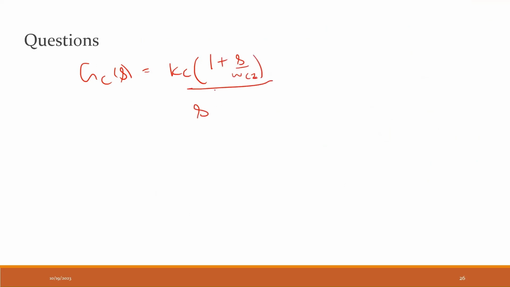Type 2, so there's one pole at origin and one pole at omega controller pole. So what we do is GBC of S into GC of S, and you consider that the feedback gain is unity. So my loop gain is the product of my plant transfer function and my controller transfer function.